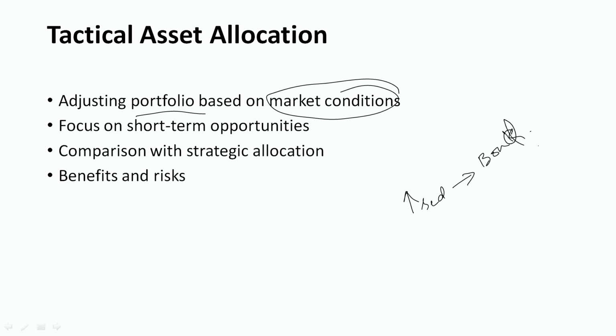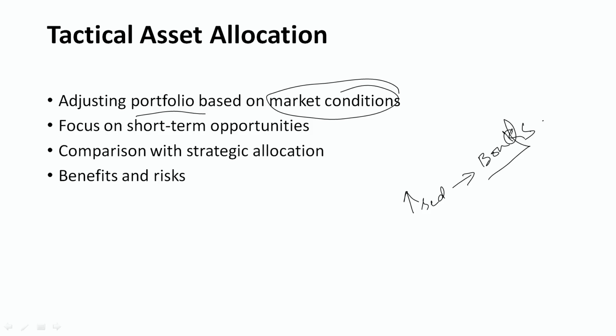So I can invest in bonds in excess of whatever I have decided. That is tactical asset allocation, where you are consciously watching the market, and based on the market condition, I determine what changes I have to bring in the portfolio, which can give me a better return.